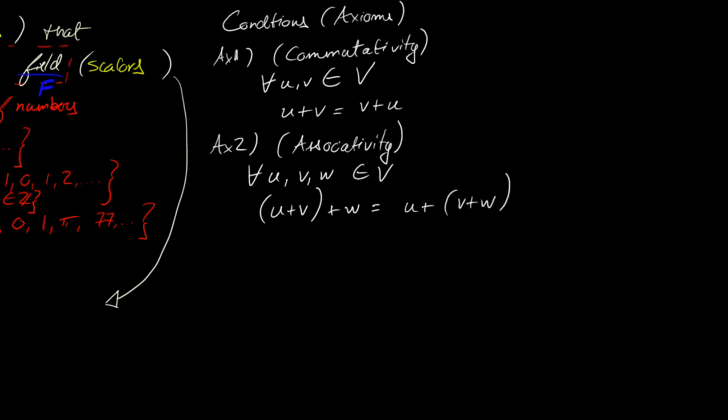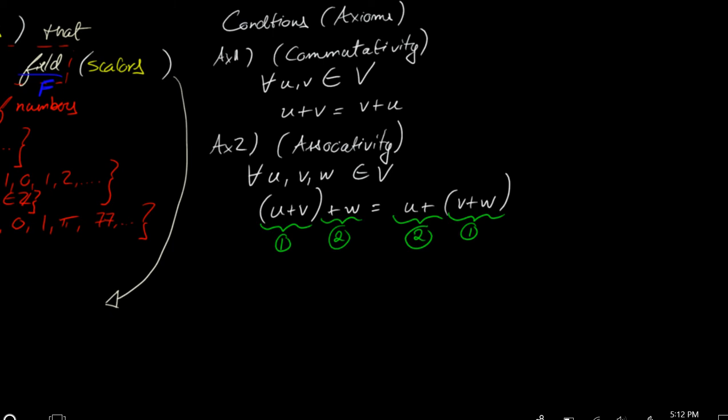In other words, if I do one operation first and the other second, it comes out to the same thing as doing them in the other order. So they do the same thing.